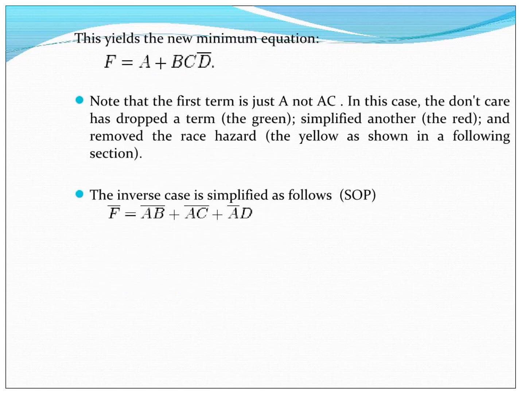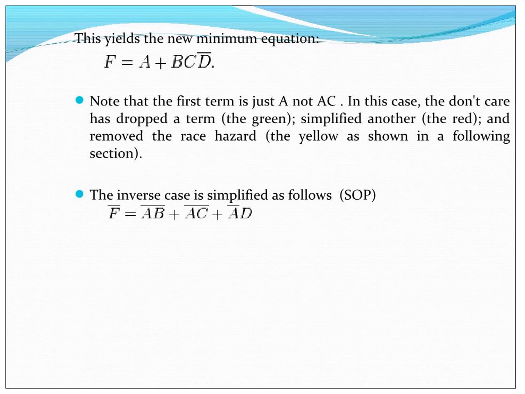On summing, this yields f is equal to A plus BCD complement. Because this is an octet, it will eliminate 3 variables and their complements, so we are left only with A. Similarly, this is a pair, so it eliminates one variable, and we have BCD complement.